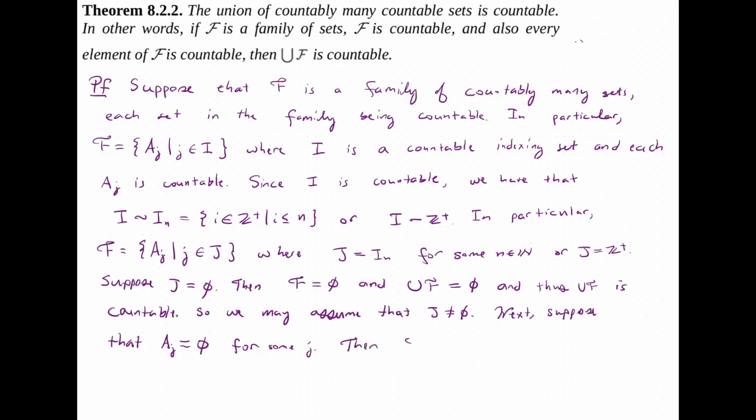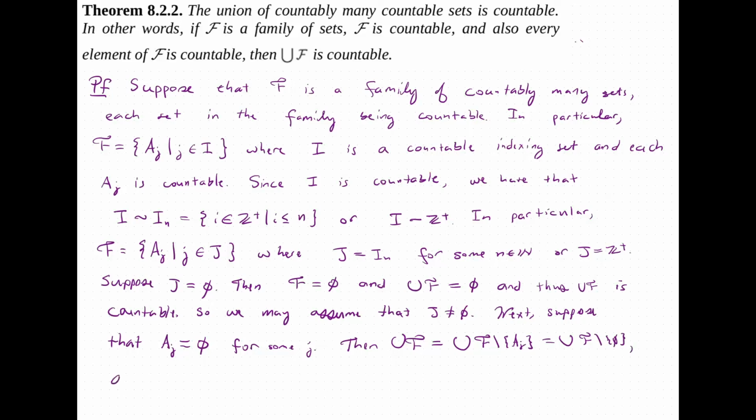Then the union of the family of sets is going to be equal to the union of the family of sets if we remove that A sub j, in other words, just removing the set containing the empty set from F.